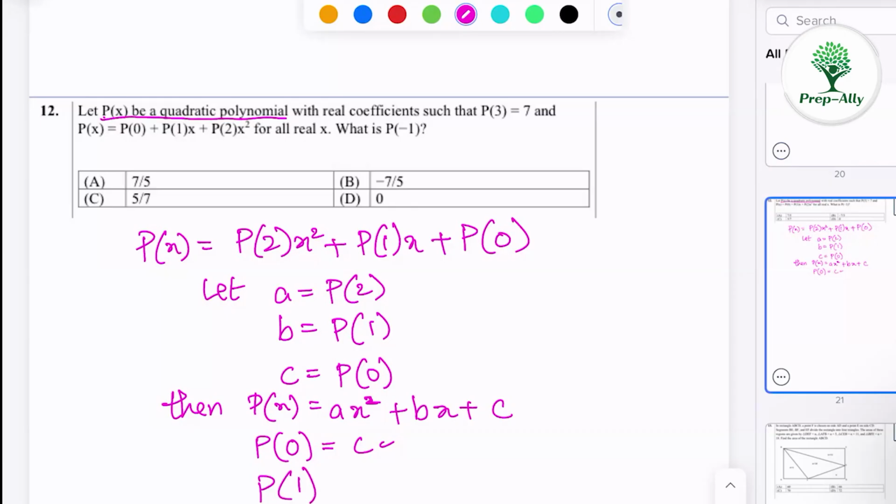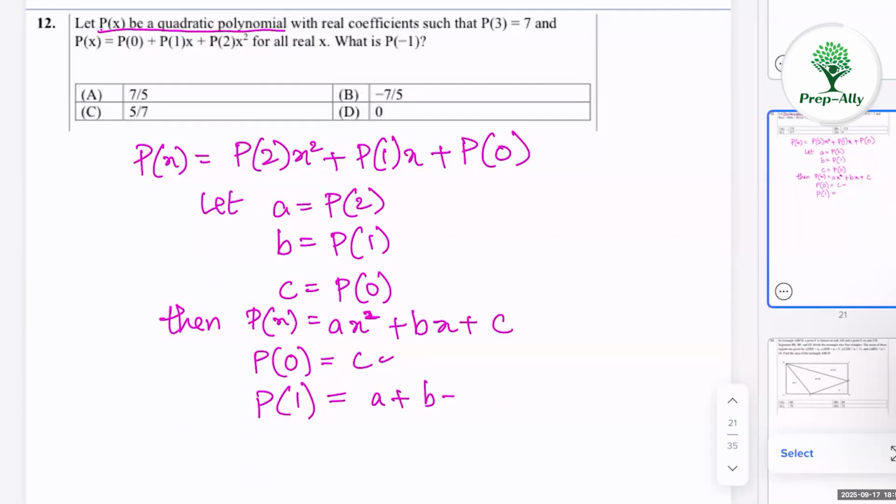And p of 1 is a plus b plus c, which is also equal to b because we set it as b, right? So from here we get a plus c equal to 0 because these terms cancel out. And in turn, c equals minus a, right?